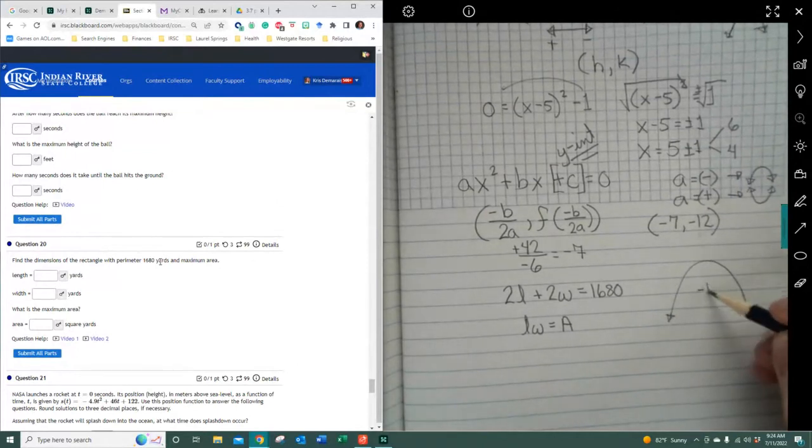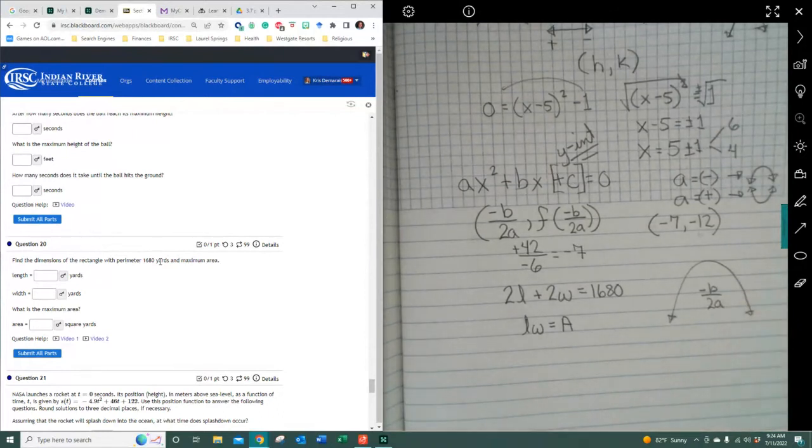So we're going to need the negative b over 2a, okay, to find where that happens, okay? And then we can go ahead and determine what the values are, all right? So if we take a look at this, okay, and by the way, watch this. I go ahead and show you the answers real quick to show you what I said to you, that we're looking for the maximum length and maximum width, but in order for it to have the maximum area, it has to be a square.